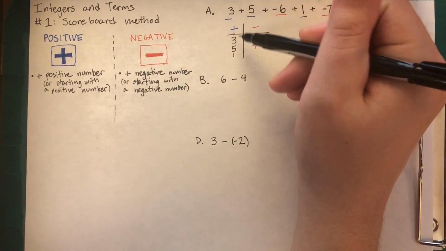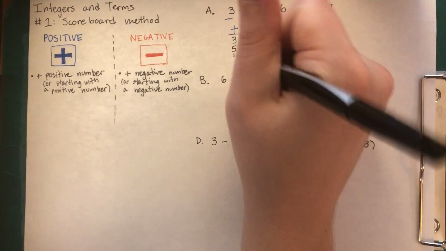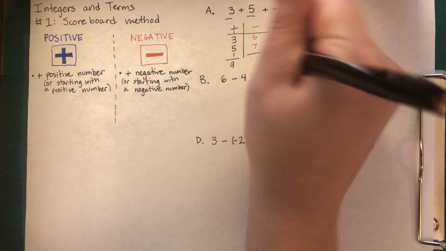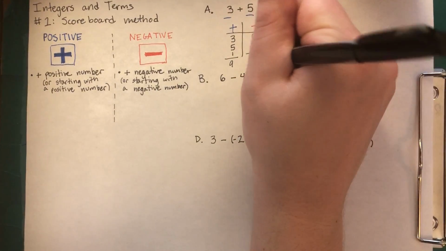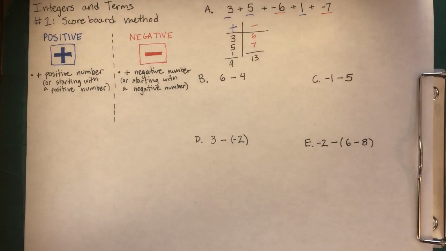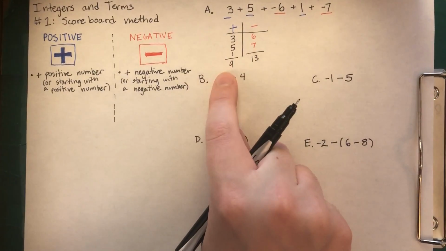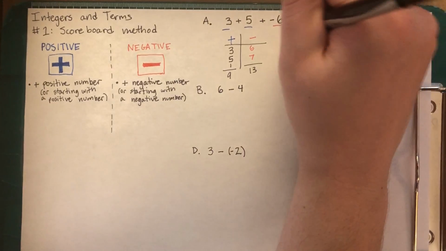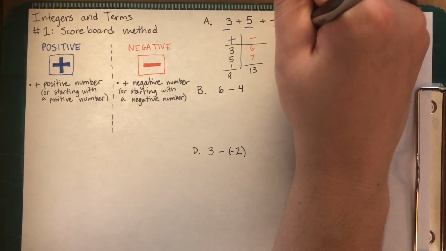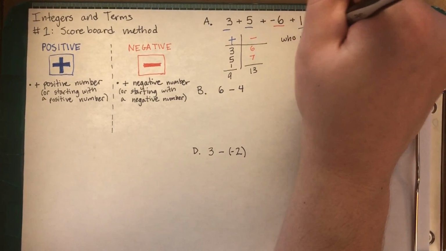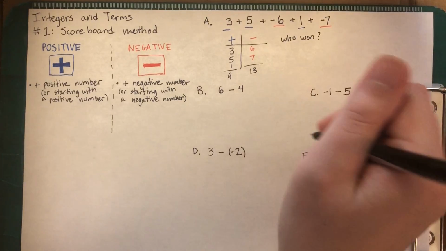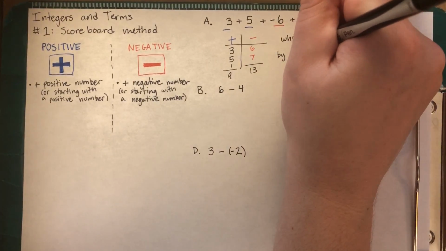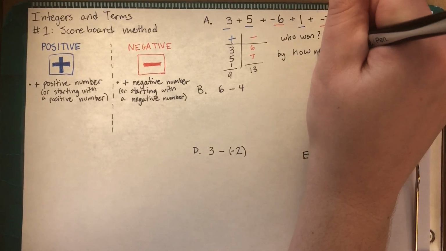So for the positive side, 3 plus 5 is 8, plus 1 makes a total of 9 points. And on the negative side, 6 plus 7 is 13. So the final score is 9 to 13. And then we want to ask the question, who won? And the key here is by how much?